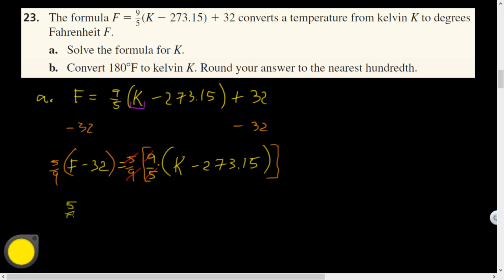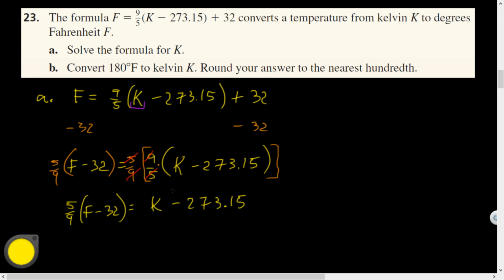The classic algebra problem is usually converting Fahrenheit to Celsius or vice versa. It's the first time I've seen a book do a Kelvin conversion. K minus 273.15. All right. K is being subtracted by that number. How do I undo subtraction by that number? What's the inverse?